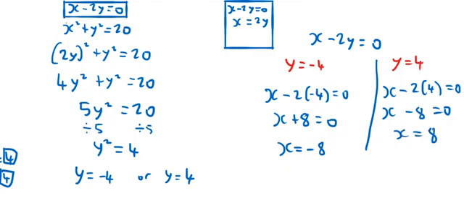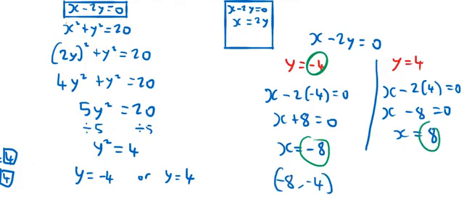So this first point is where x is minus 4 and y is minus 2, so my point there is minus 4, minus 2. And then this point here is where x is 4 and y is 2, so they're both positive. So it's the point 4, 2.